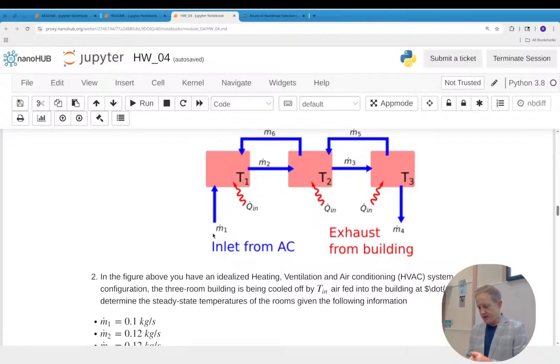All right, I want to take a look at this, because this is a typical linear engineering problem. Anything that's steady state or static, like what is the static solution, what's the steady state solution, usually it's linear algebra. You're doing some kind of force balance, energy balance, or mass balance.